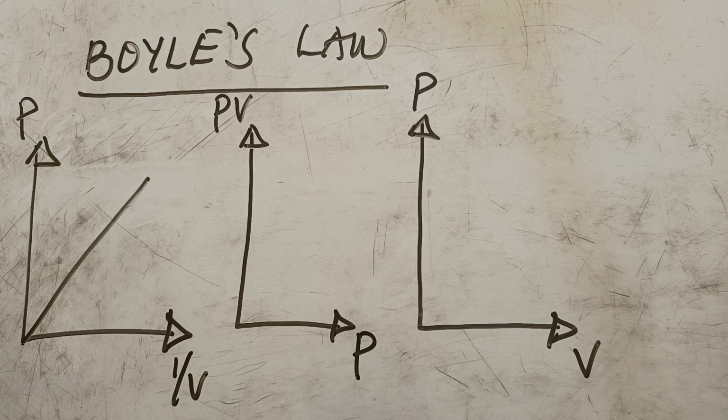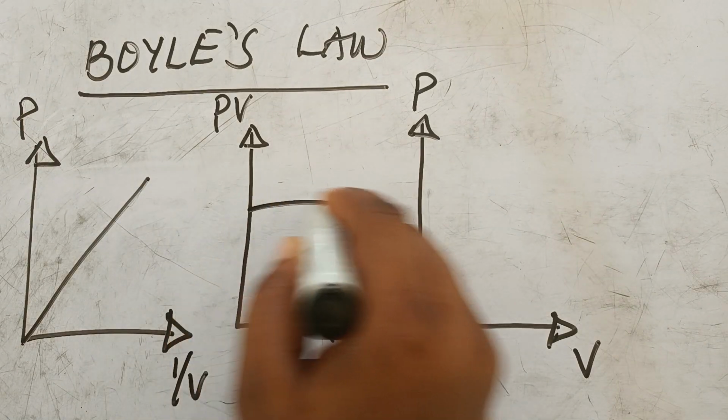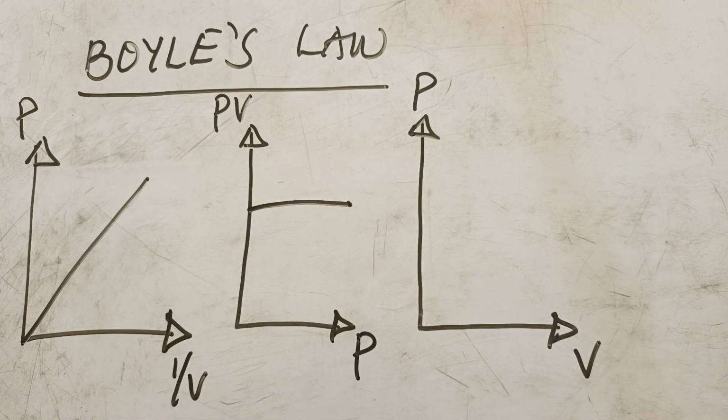Now, where we have the graph of the constant against pressure, because we just said that P times V is equal to K, you could as well say K versus P. So where you have the constant PV against the pressure P, your graph representation of Boyle's law becomes a straight line that way.